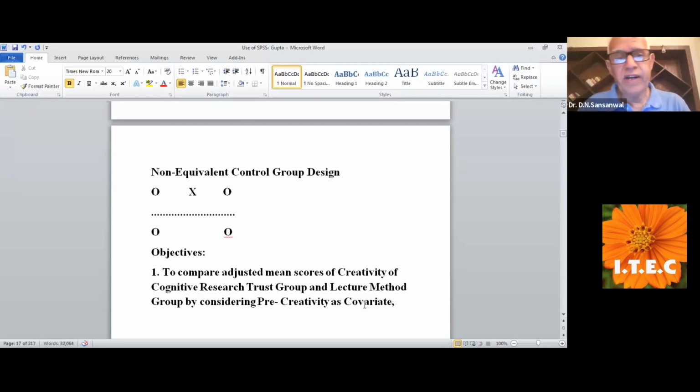If this is the wording of the objective, then here you will be analyzing the data with the help of one-way ANCOVA. Why one way? Because there is one discontinuous variable having two levels. One is cognitive research trust group, another is a lecture method group.